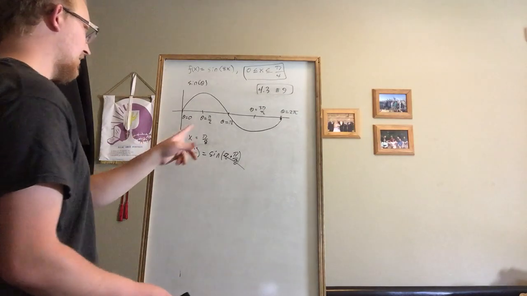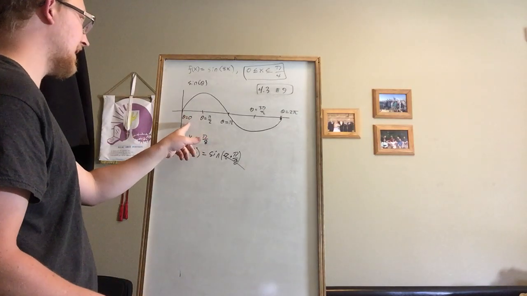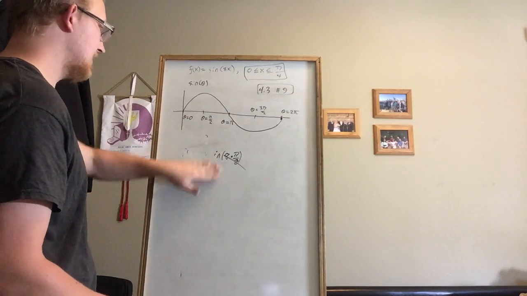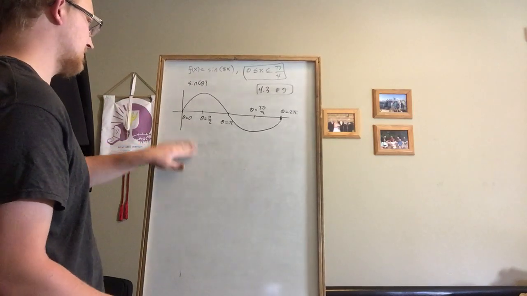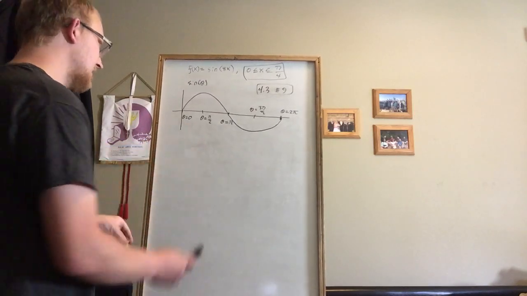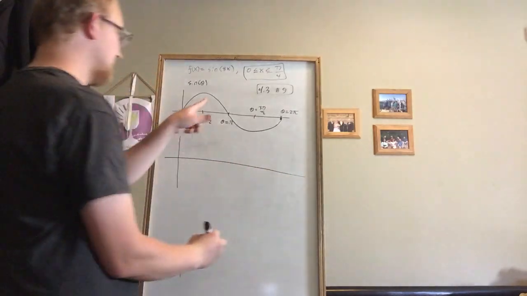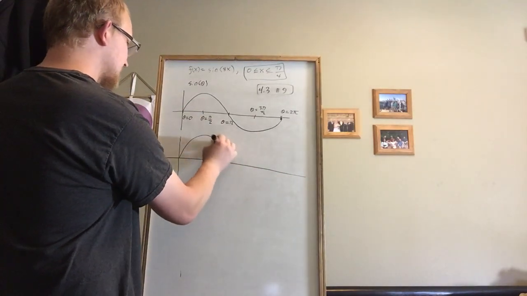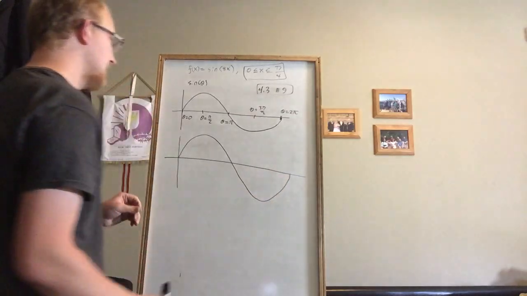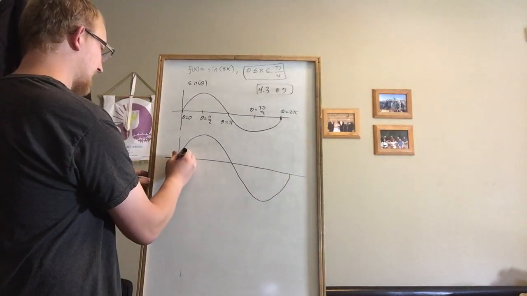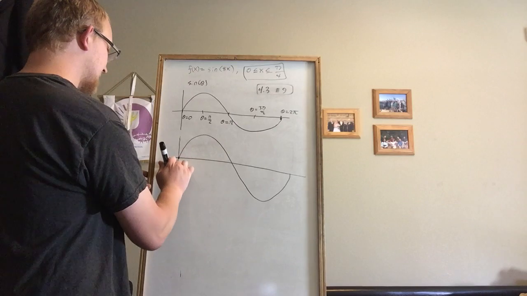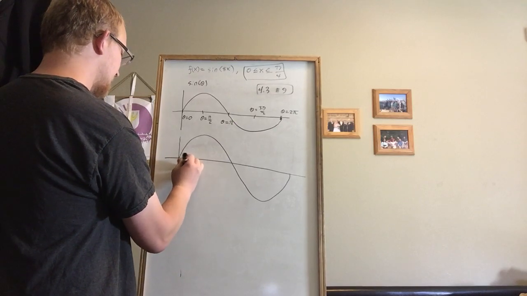And so instead of all of these being like our regular sine of theta graph, all of these points are going to be divided by 8. And you can graph this for yourself. If this is the original sine graph, this is the sine of 8x graph. It starts at x equals 0, just like the last one.